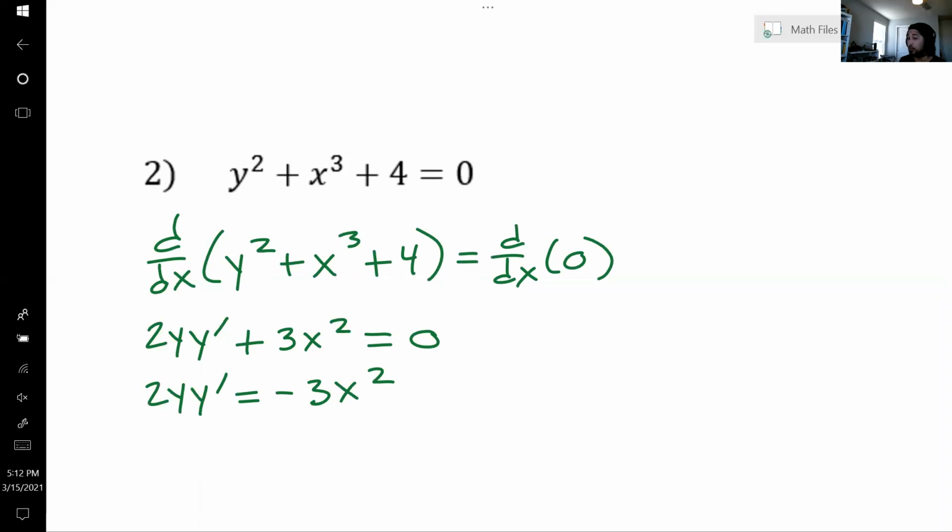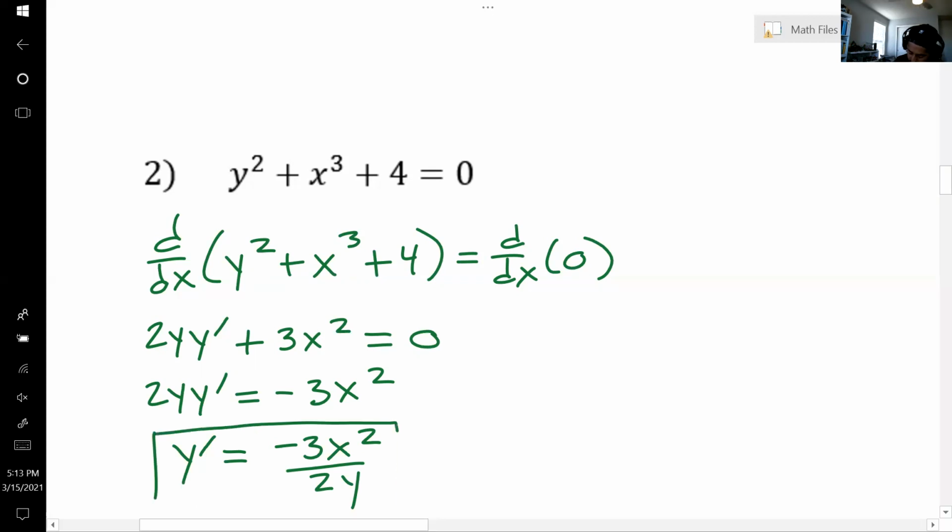And then to solve for y prime, just divide by 2y, and you'll get y prime is equal to negative 3x squared over 2y. Okay. And there's our derivative.